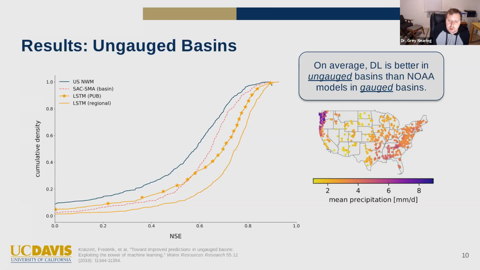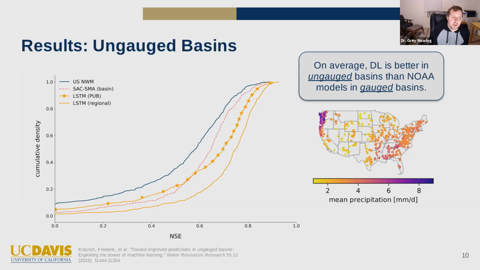So the LSTM is our best predictions at these basins if they were gauged, and the line with stars is the ungauged basin CDF. What you can see is that in the range above about R² of 0.6, we do better in ungauged basins than the Sacramento model, the operational US model, in gauged basins.